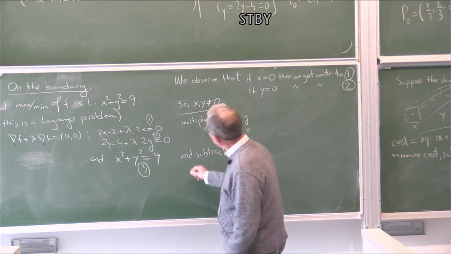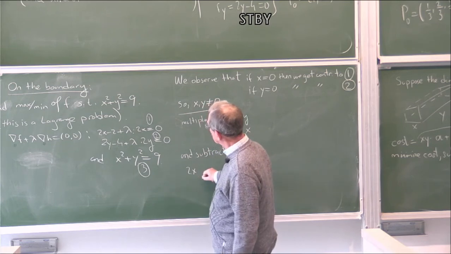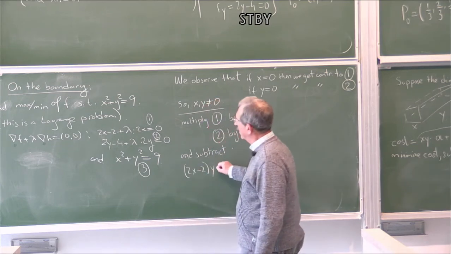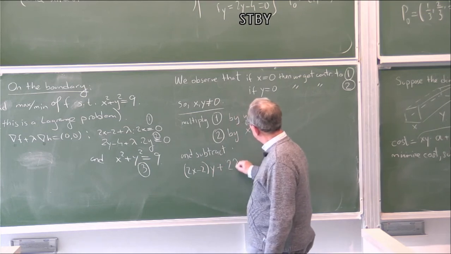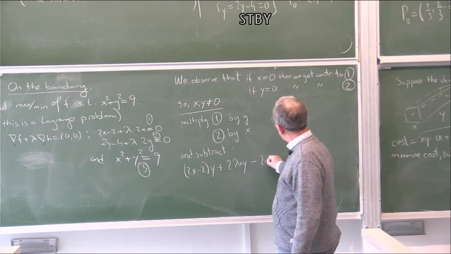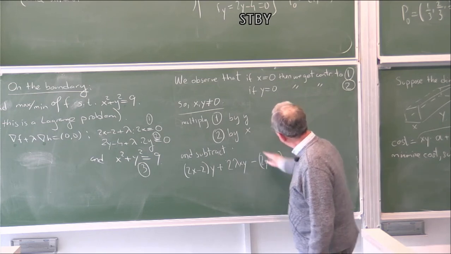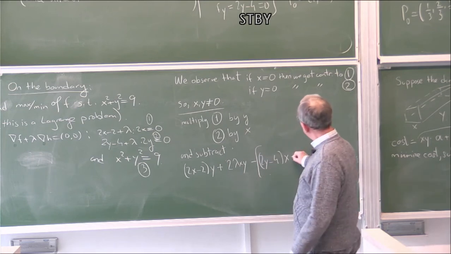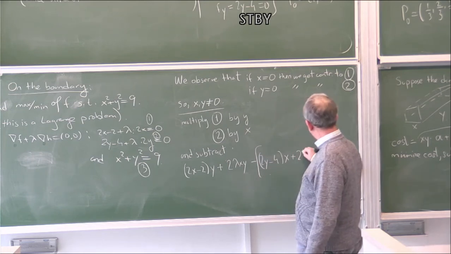So what do we get? 2x minus 2y plus 2 lambda xy, minus 2y minus 4 multiplied by x, and plus 2 lambda xy.